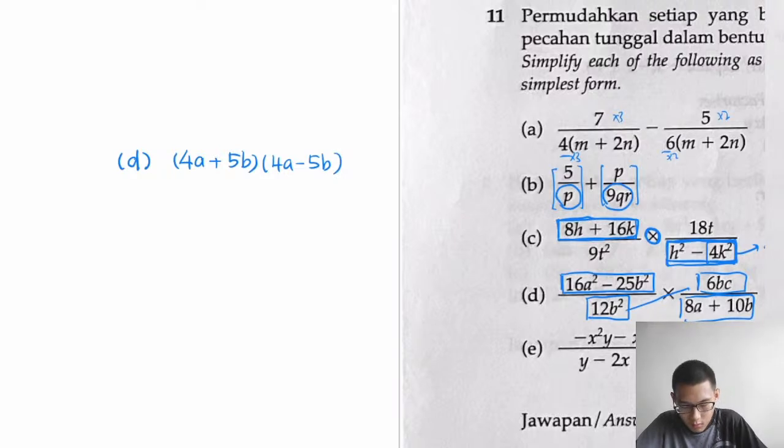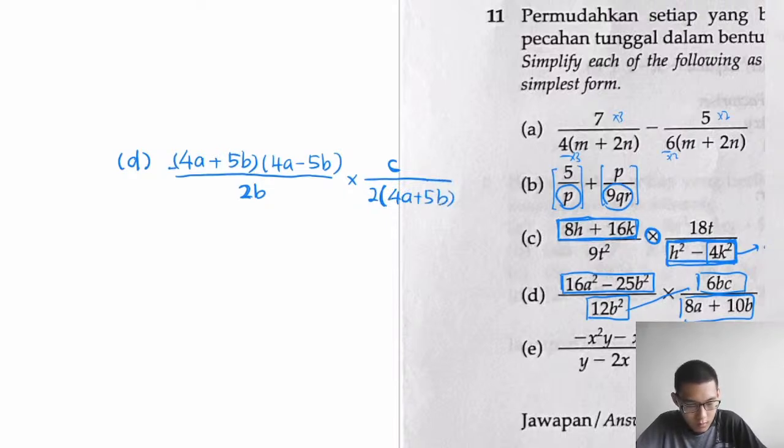Okay, so let's see this 12b squared and 6bc, actually becomes 2b, and then we times another, which is c. So here we have 8 and 10, we have 2 as a common factor. Now we have 4a plus 5b.